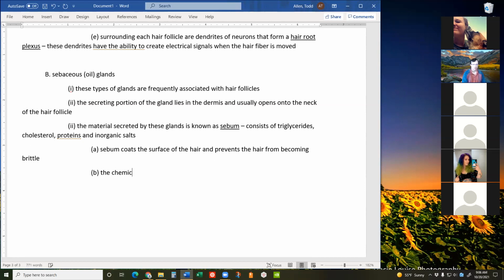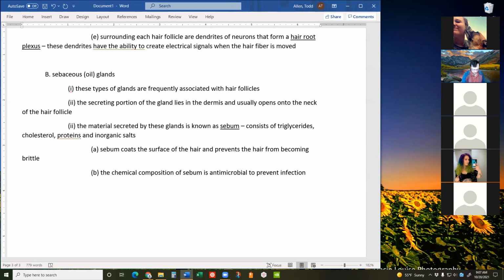The chemical composition of sebum is antimicrobial, to prevent infection. All right. Okay, folks. So that is our sebaceous glands.